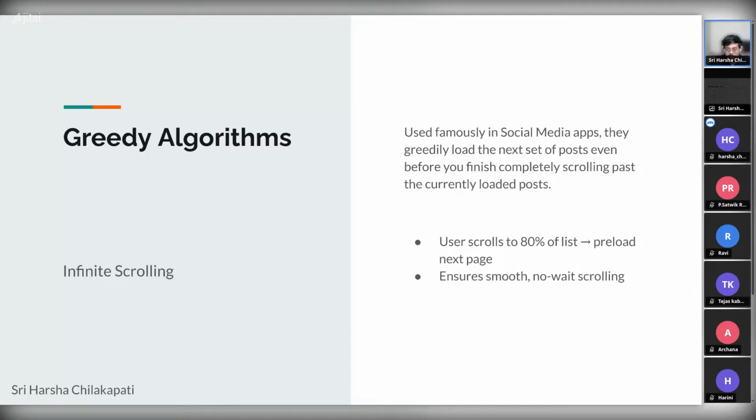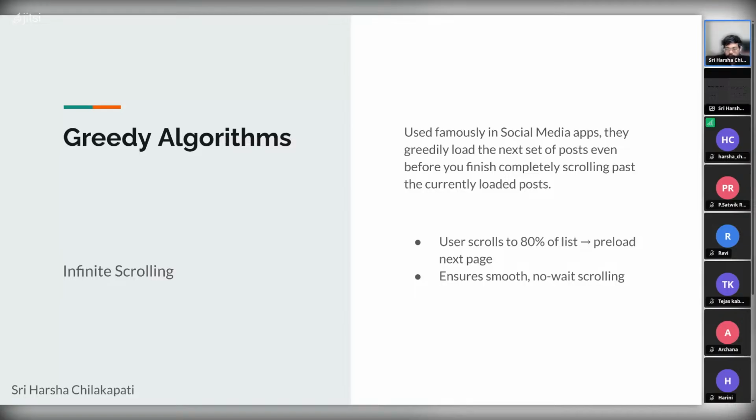So what happens? Let's say the user scrolls down 80%. Instagram will automatically assume that the user will ask for the remaining 20% as well, and it will start loading what comes after that 20%. So this ensures a smooth, no-wait scrolling.